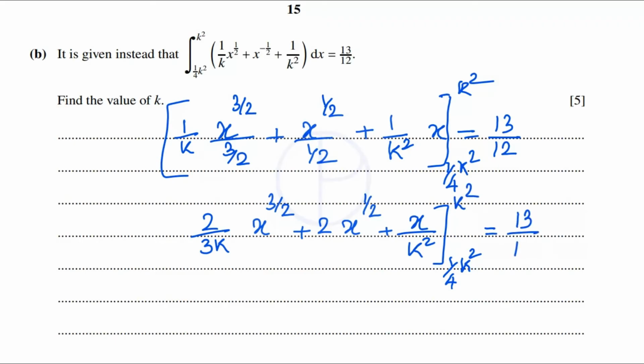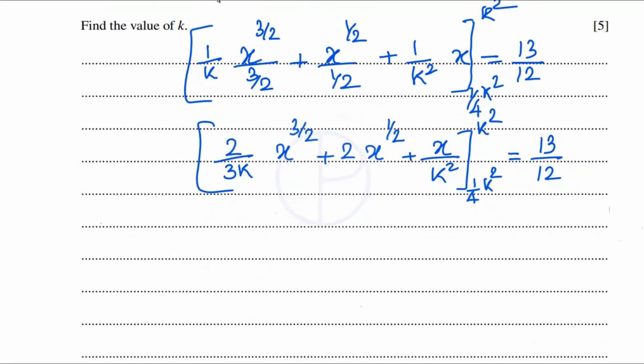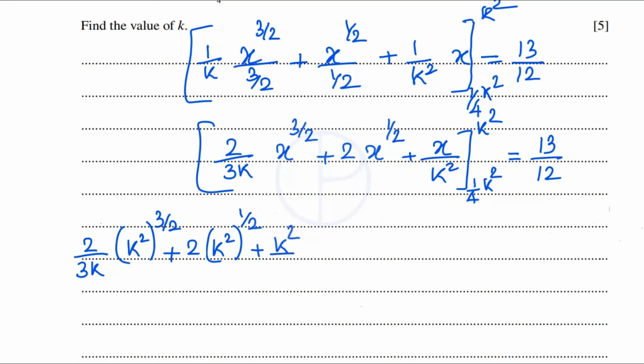Equal to 13 over 12. Apply the upper limit. So 2 over 3k multiplied by k square power 3 over 2, plus 2 k square whole power 1 over 2, plus k square divided by k square, minus 2 over 3k.